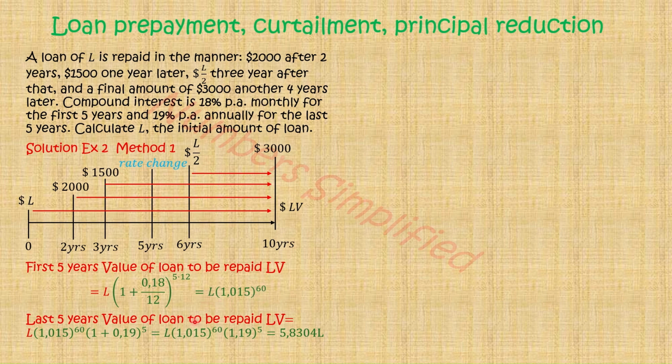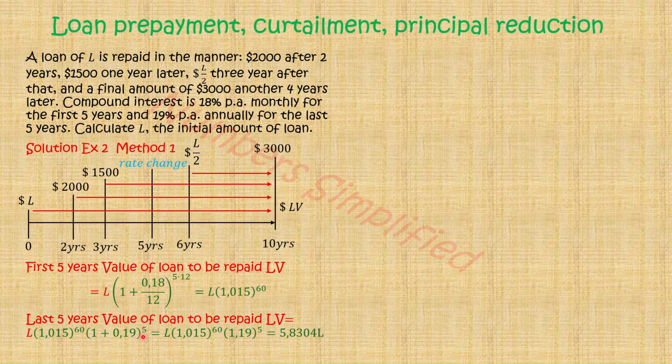Then in the last 5 years, the interest rate changes. So now as the interest rate changes, it means that what we have up until the first 5 years would also accrue some interest for the next 5 years, but at a rate of 0.19 expressed as a decimal raised to the power 5, because we've got 5 years, and this is compounded annually, so meaning that the period is once a year. That's why we just have raised to the power 5.